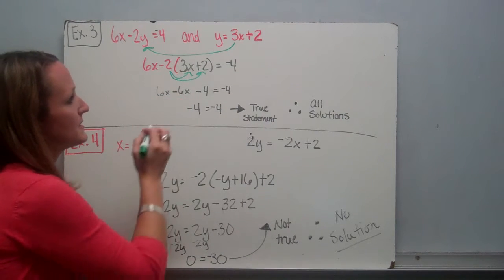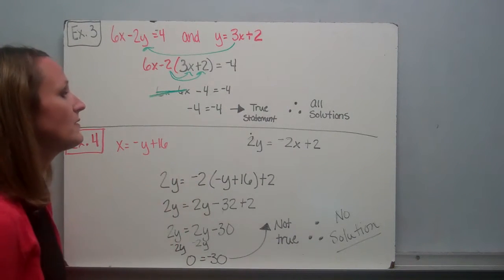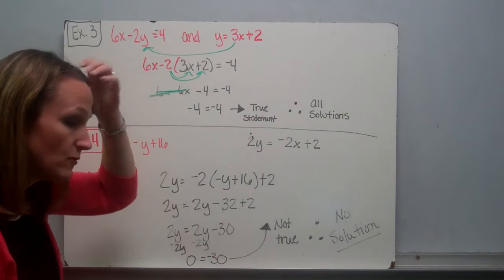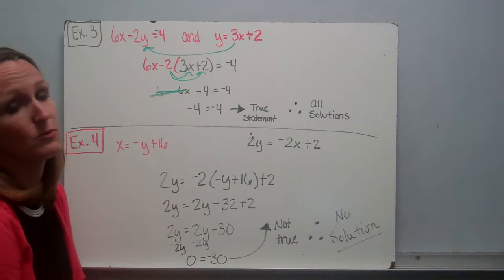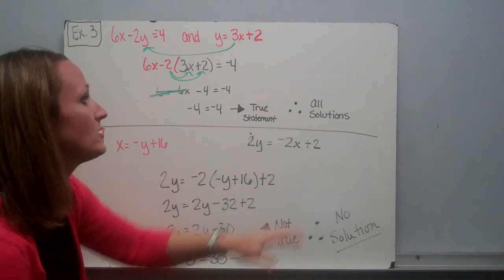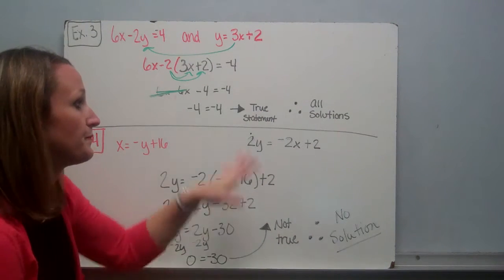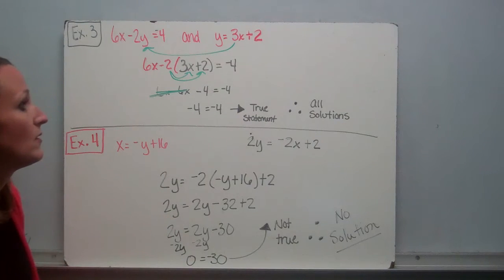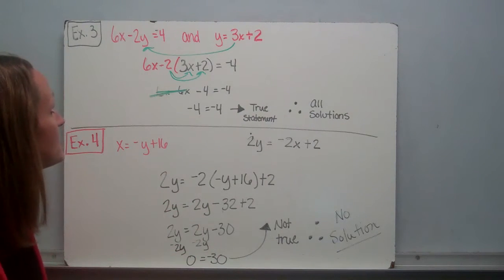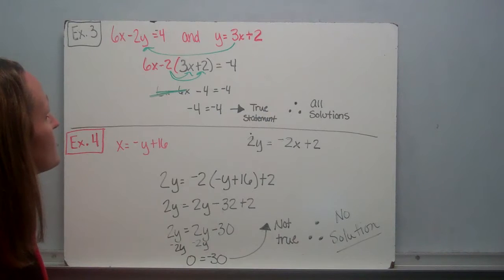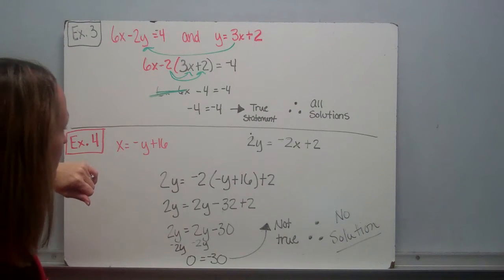Well, 6x minus 6x, those are going to cancel, leaving you with negative 4 equals negative 4. Well, negative 4 does equal negative 4. It's a true statement. So you have all solutions. You don't have to finish solving. They're going to equal everything. They're going to end up being on top of each other, which we would have found if we had simplified it.